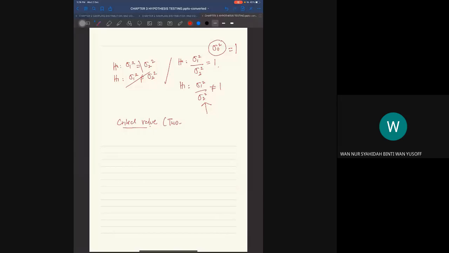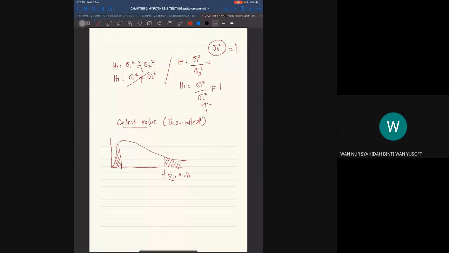Let's say that we have a two-tail test. Similar to the chi-square, it is a positive distribution, so it starts from 0. The upper critical value is F alpha over 2, nu 1, nu 2.